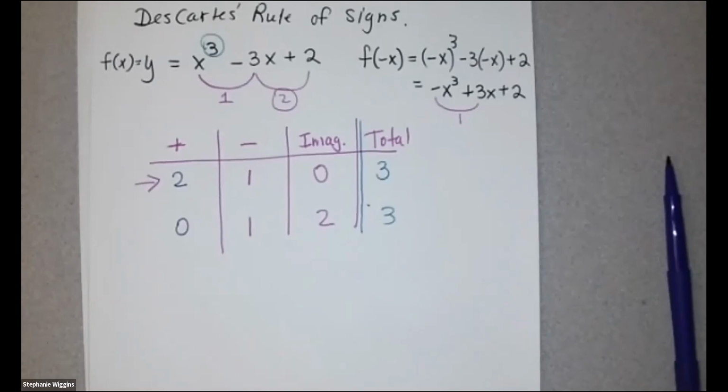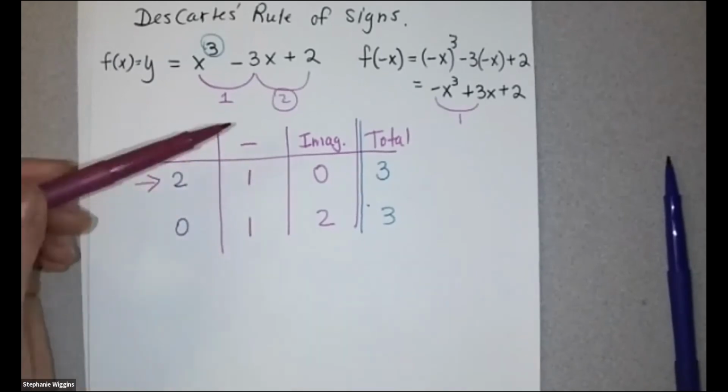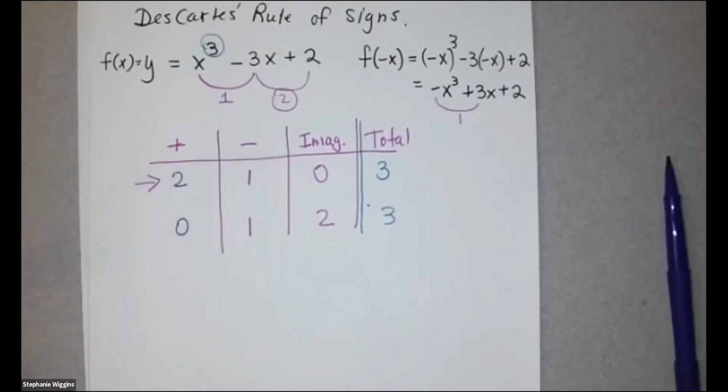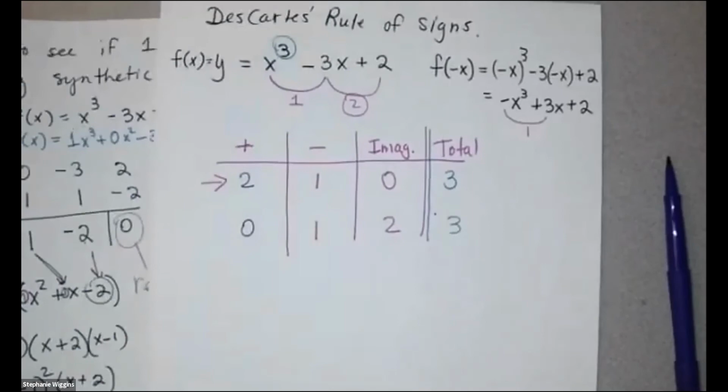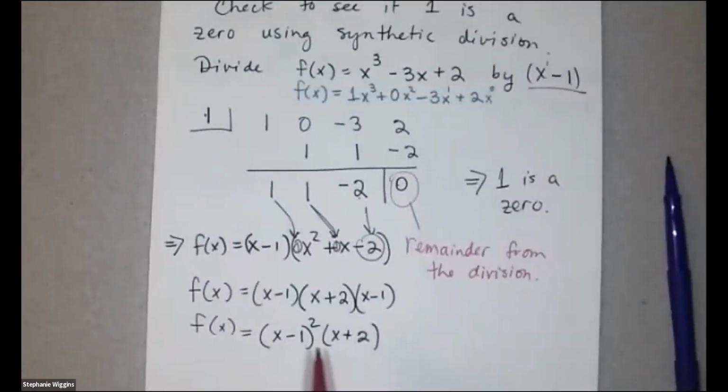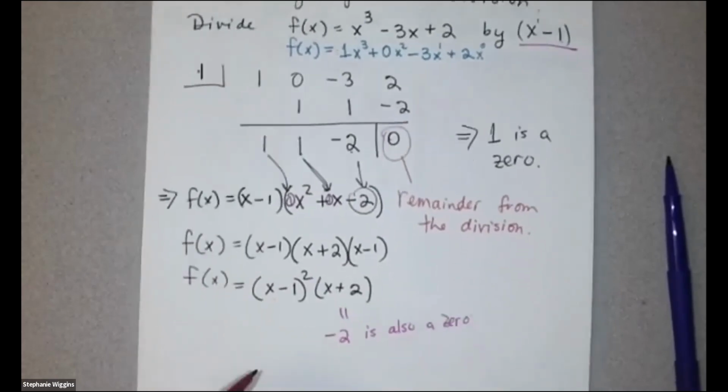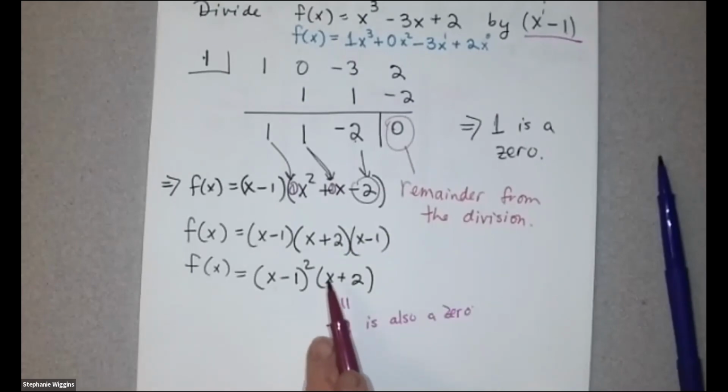And then it said that I have 1 negative real zero, and that would be the other one, coming from this. So negative 2 is also a zero, right? Because if you set this equal to 0, your solution is x plus 2 equals 0, so x has to be negative 2 in order to make this 0.